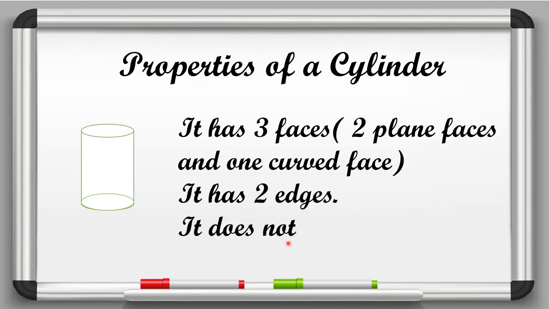It does not have any vertex or corner. Okay, beta? So in a cylinder shape, what are the properties? It has 3 faces, 2 plane faces and 1 curved face. It has 2 edges. It doesn't have any vertex.